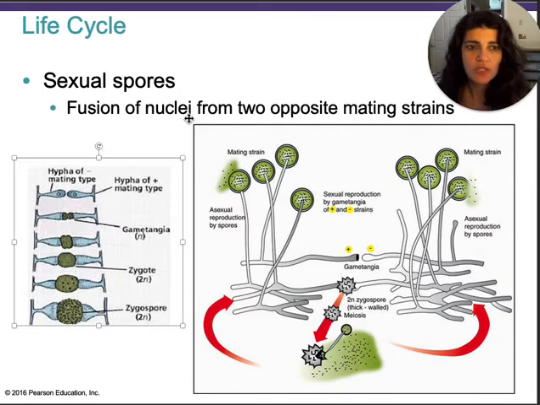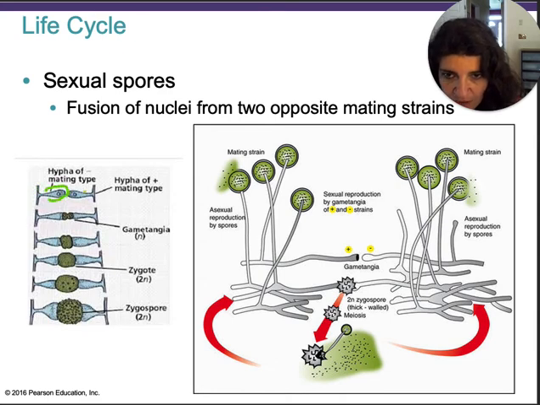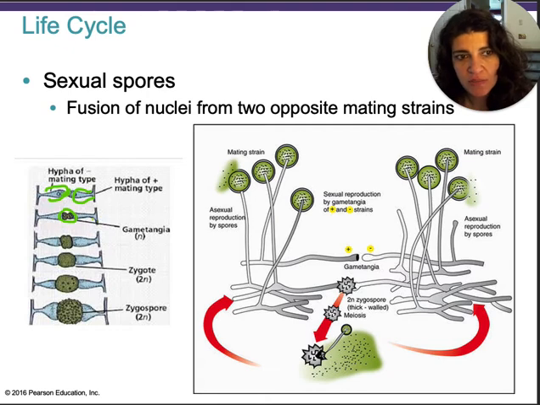So what I'm trying to show you here is that to form a zygospore, you have two hyphae, and they kiss. And when they kiss, they form a gametangia, which is a gamete with genetic material from both mom and dad.